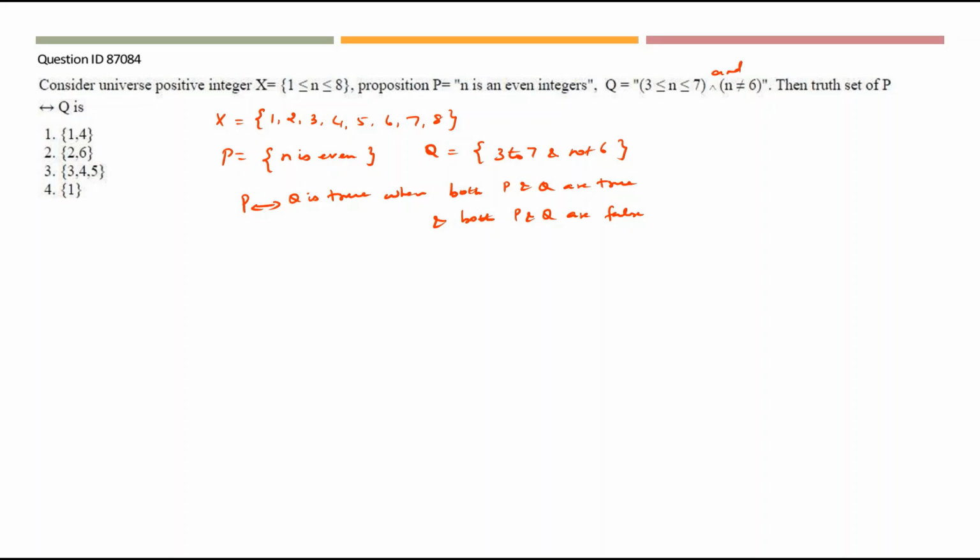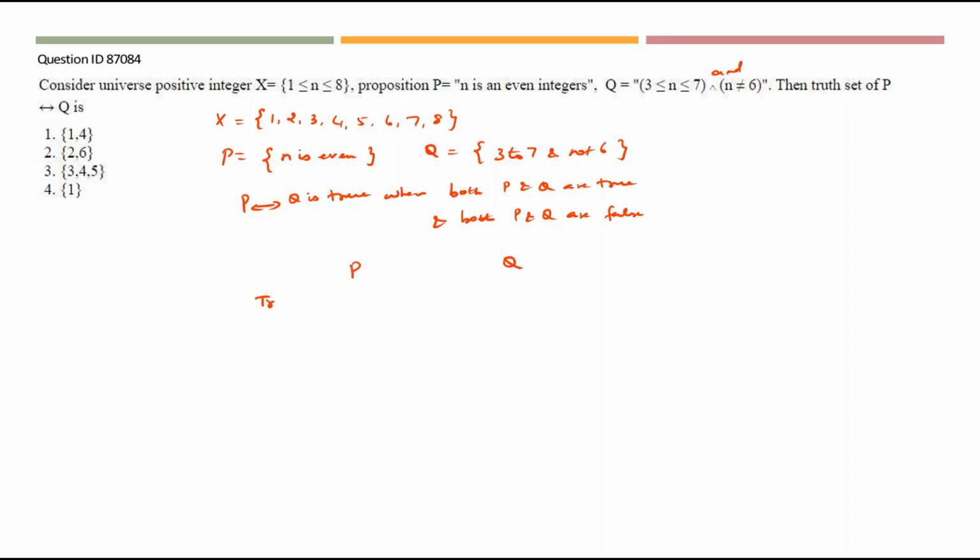So we have to find true cases of P, false cases of P, and similarly true cases and false cases for Q, and then find where they go true at the same time and where they go false at the same time. So this is for P and this is for Q.